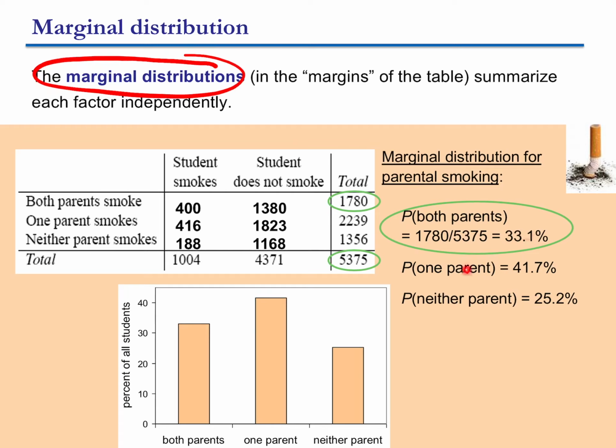The probability that one parent smokes is 41.7%: 2,239 over 5,375. The probability that neither parent smokes is 25.2%: 1,356 over 5,375. These marginal distributions are helpful for converting our actual data into proportional data. And here we see a summary bar graph of these proportions that we just figured out.